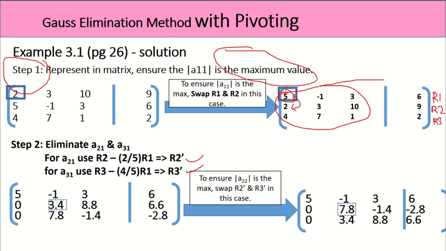Your five is the maximum among this column. So after you swap, you use the Gauss elimination method to successfully eliminate these two. Next we want to eliminate this, am I correct?